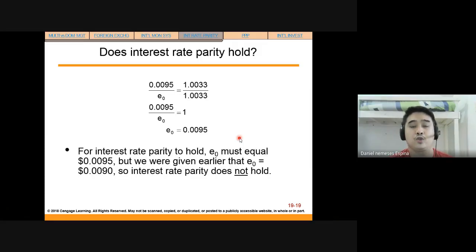So for the interest rate parity to hold, the spot rate should be equal to the forward exchange rate. However, if the spot rate is equivalent to 0.0090, then the interest rate parity does not hold.